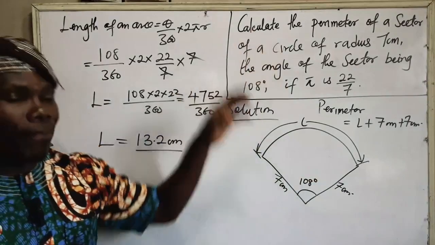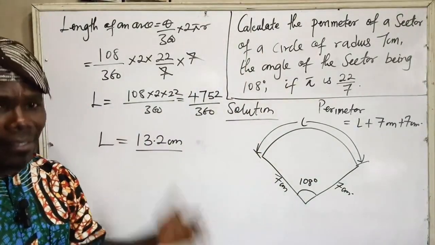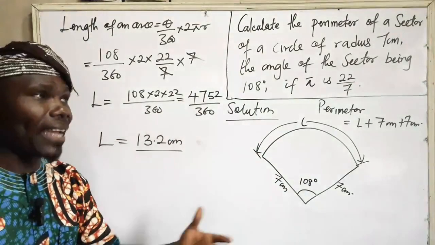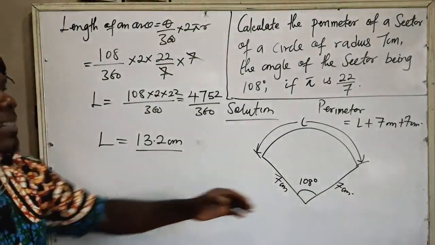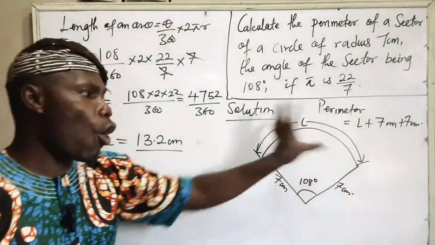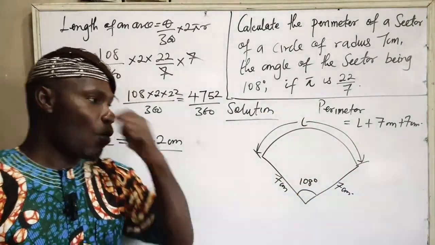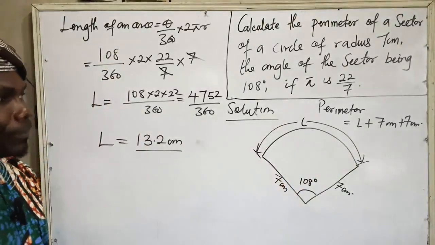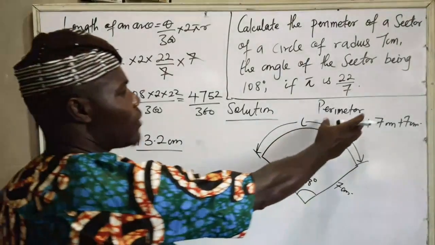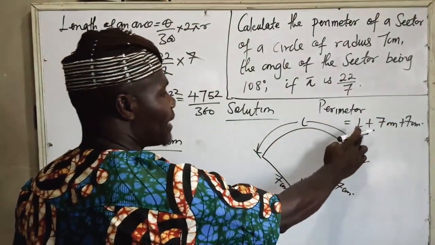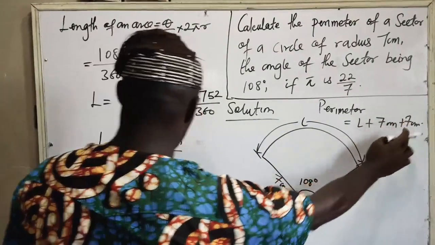And we are to find the perimeter of a sector. I have defined the meaning of perimeter: perimeter is the sum of all sides of a figure or a shape. So we deduce a formula: length plus 7 plus 7.